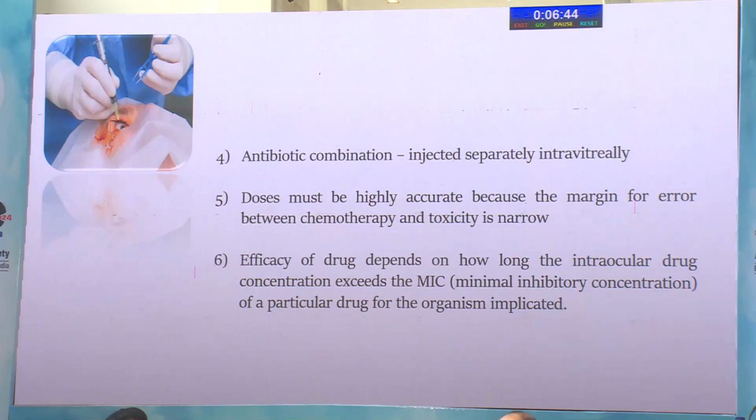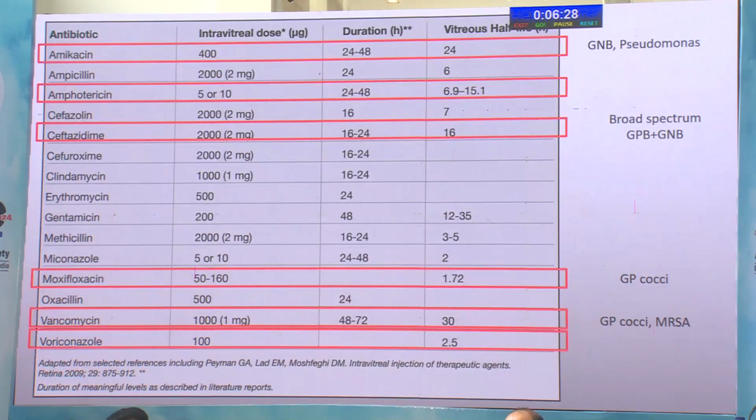Doses must be highly accurate because the margin for error between chemotherapy and toxicity is narrow, and the efficacy depends upon how long the intraocular drug concentration exceeds the minimal inhibitory concentration of that particular drug for that particular organism implicated. Coming to some examples, the most common ones I've just highlighted.